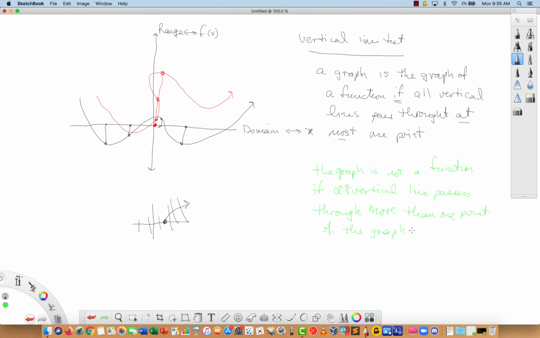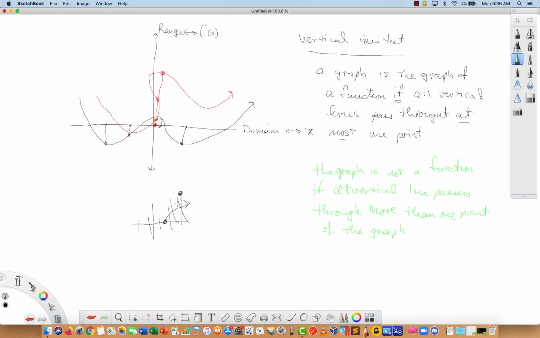So if you've got any vertical line that can pass through more than one point, not a function. As a matter of fact, we can come back over here and we can take this, and if I just put one extra point right there, notice that now we have a vertical line that hits the graph in two places. So a graph is the graph of a function if all vertical lines pass through at most one point.